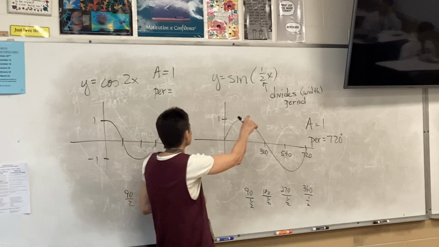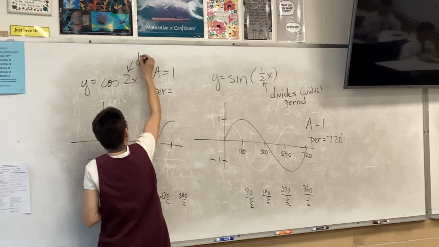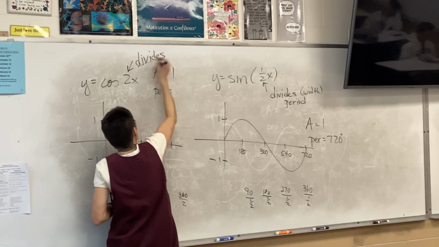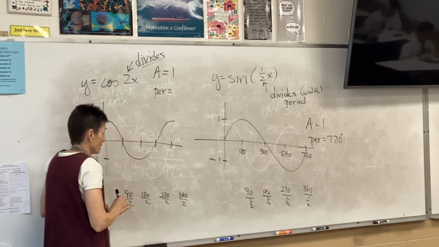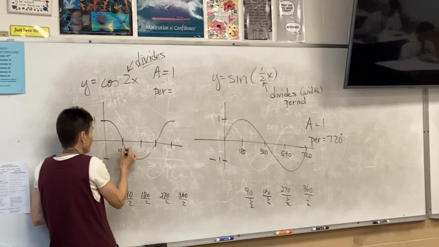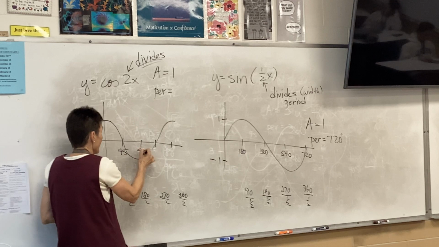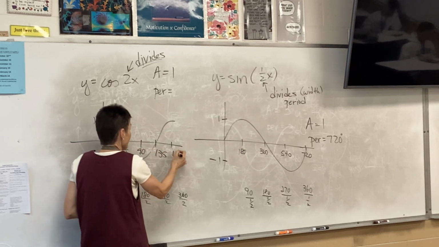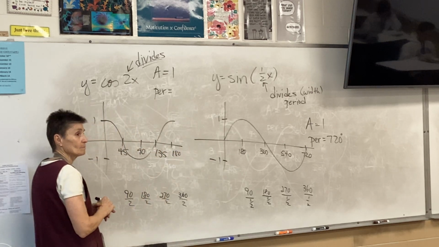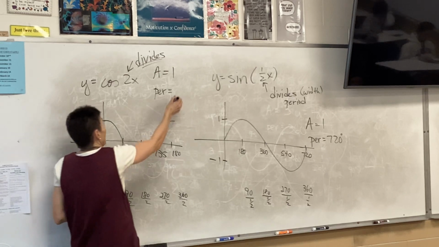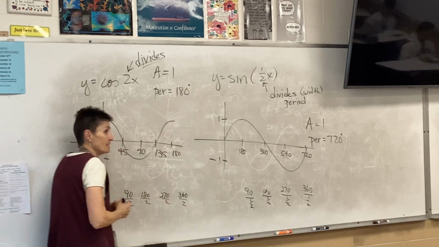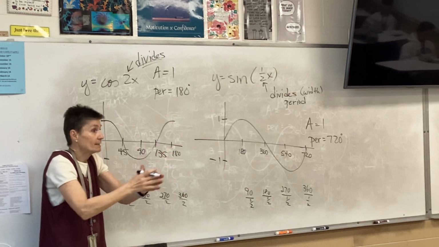Remember, this number divides the period. So my labels are 45, 90, 135, and 180. So my period is 180 degrees because I divided it by 2.